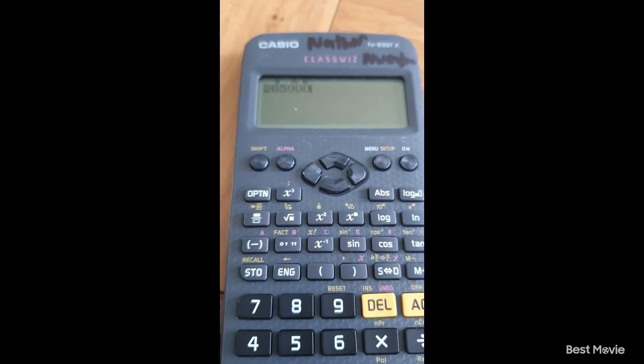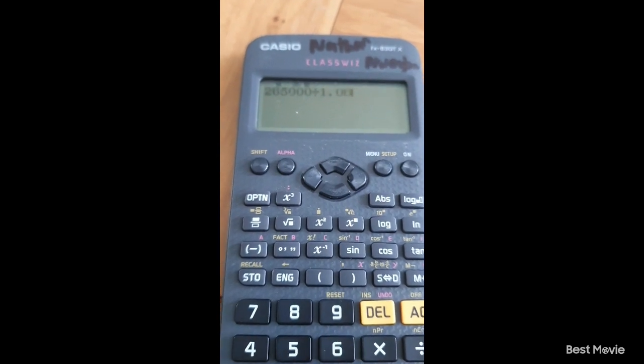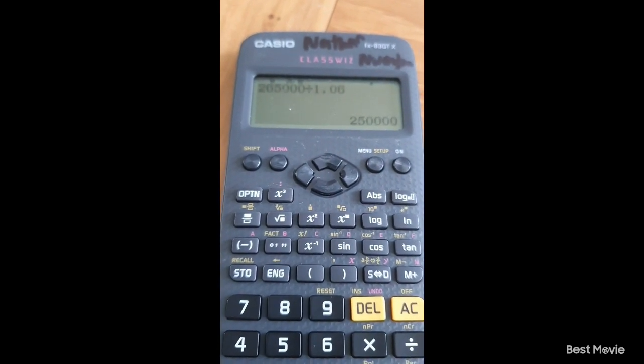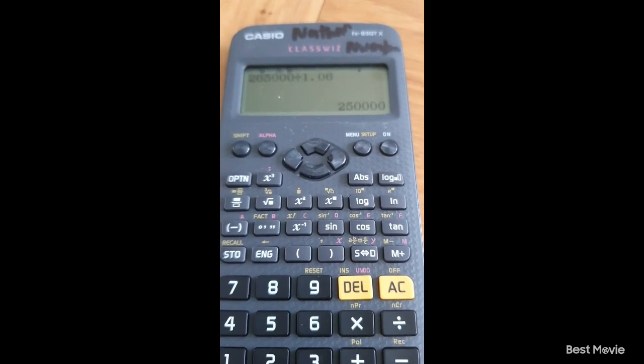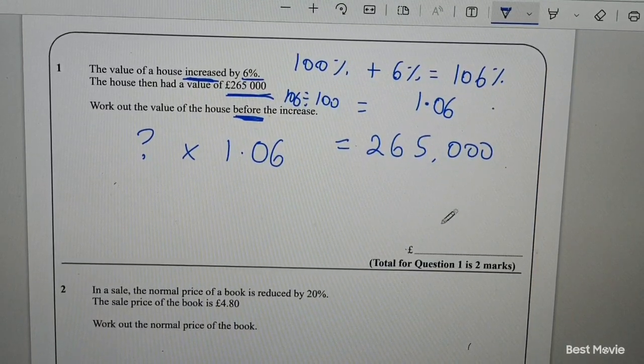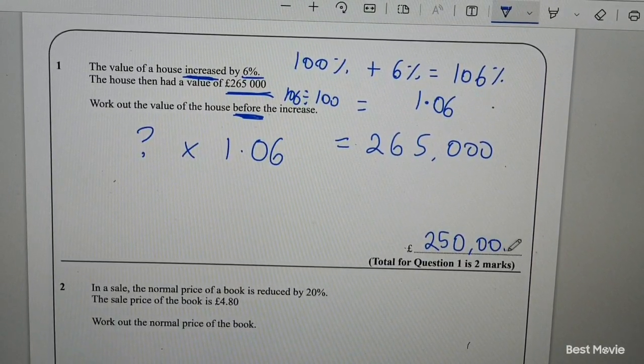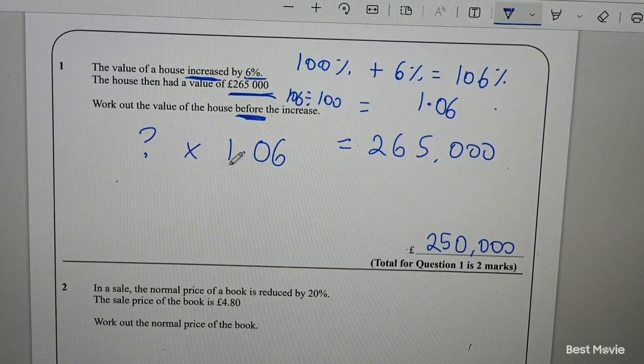265,000 divided by 1.06 is equal to 250,000. So the reason why I divided was because I don't know what the original value is.